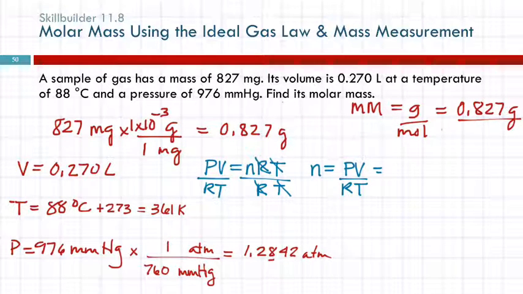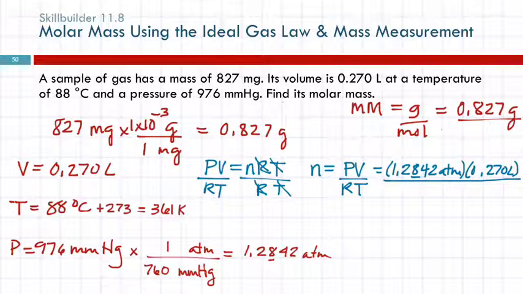And now I can plug my numbers in. I've got 0.270 liters. Well, yeah, that's fine, but it's not the pressure, is it? Pressure is 1.28 atmospheres. Write your units in here. 0.270 liters.